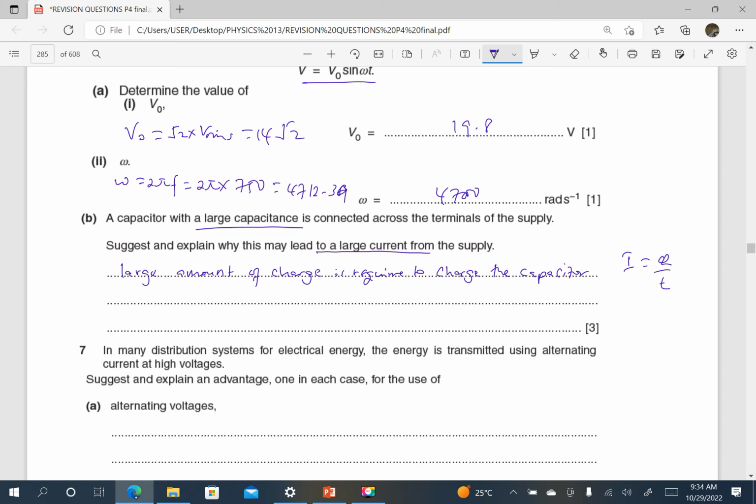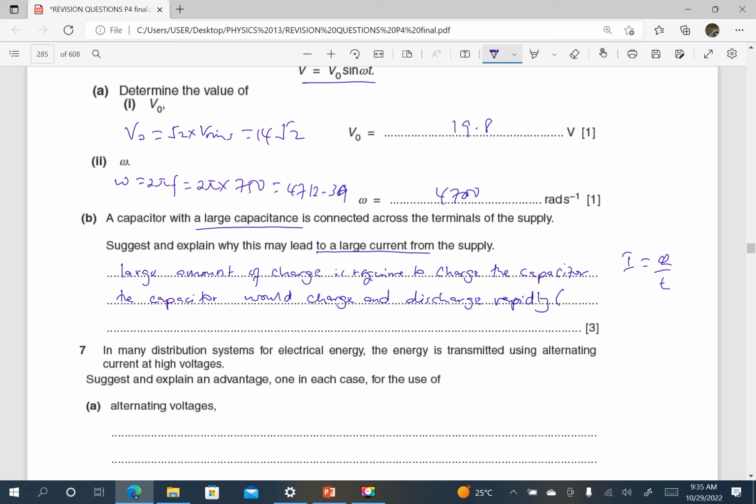The capacitor would charge and discharge very rapidly.